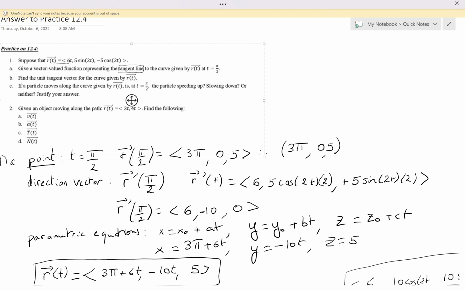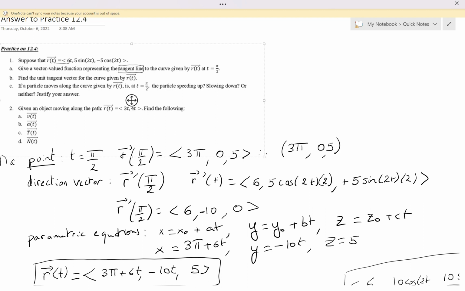The last part of this question is to find if a particle that moves along the curve given by r(t), so it's the same curve, at pi over 2 is that particle speeding up, slowing down, or neither? And we want to justify our answer.